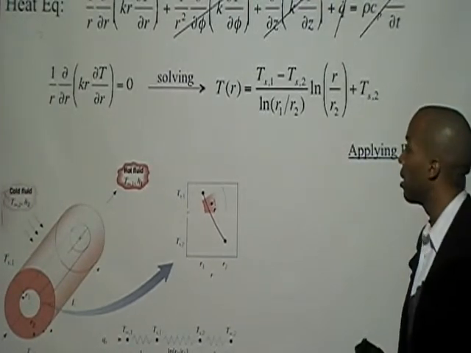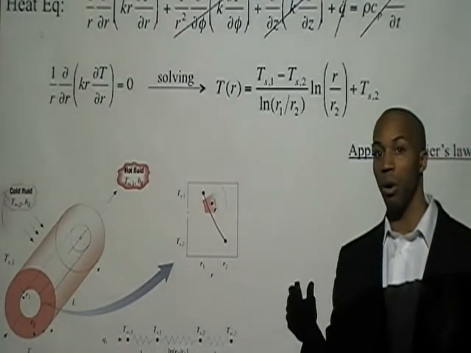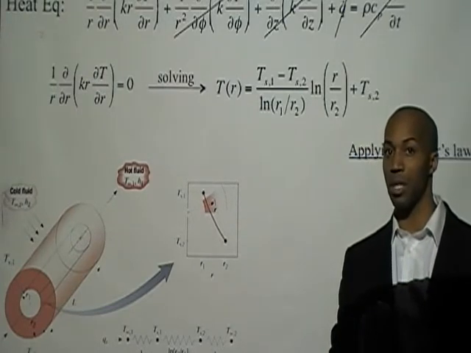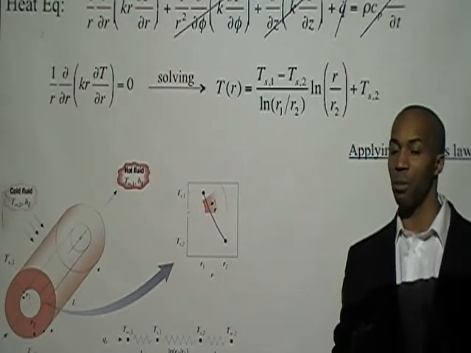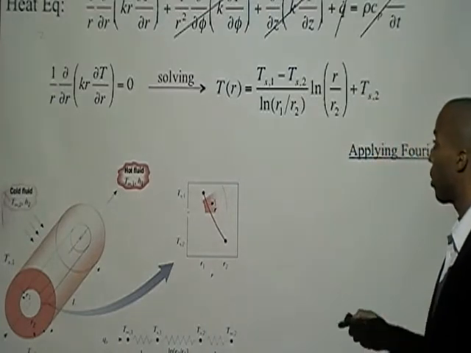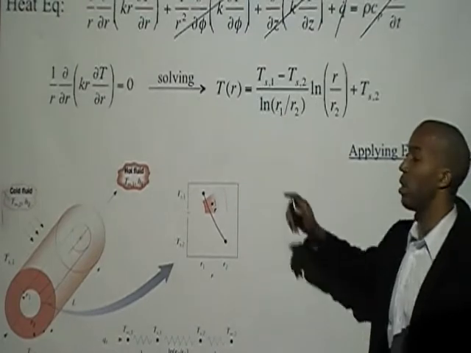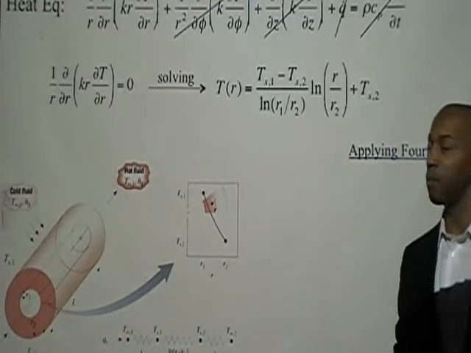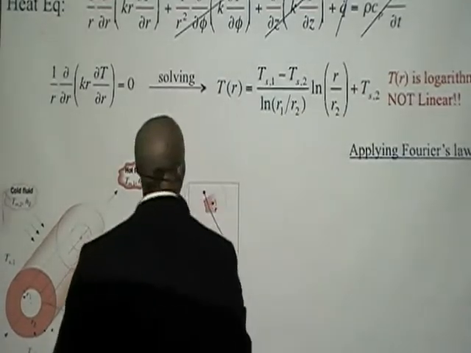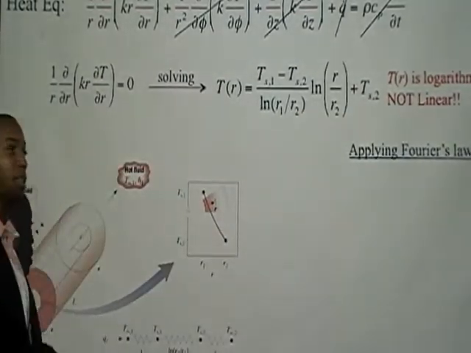So when we had a plane wall in Cartesian coordinates, we found that our temperature profile was linear given that our thermal conductivity and our area were constant. But in this situation, we have a natural log showing up in our temperature profile. So T as a function of r is logarithmic, not linear.